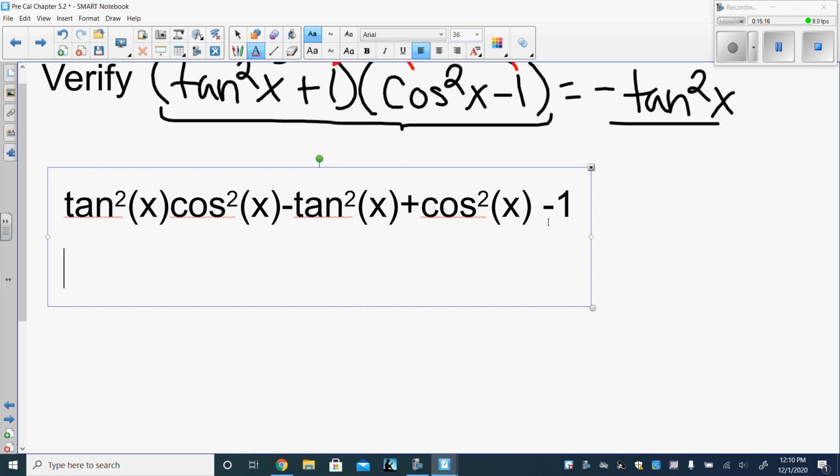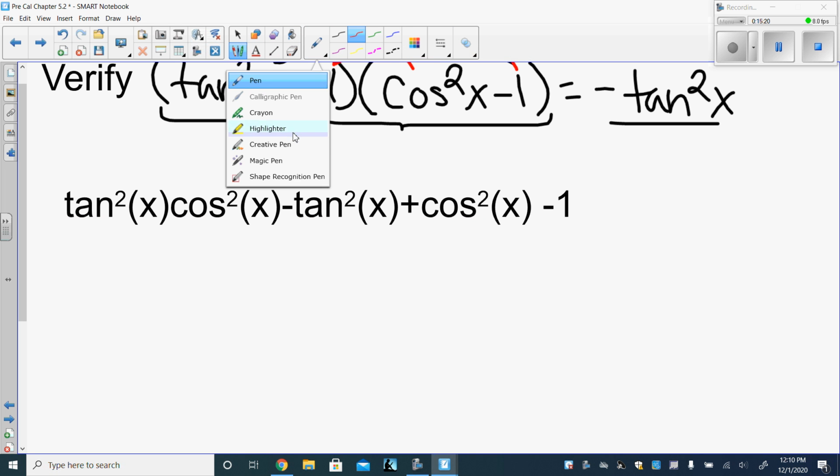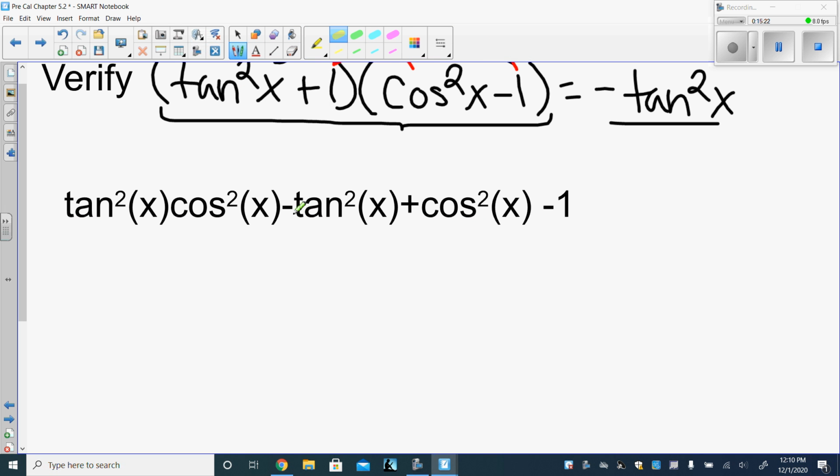Now looking at this here, let me get a highlighter so I can point something out. Well, this here is just a single term. It's just tangent. Here we just have cosine. So we have cosine, tangent. This here is the only one that I have more than one term. So let's see if we can simplify that.